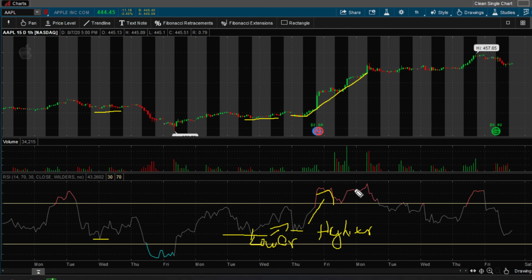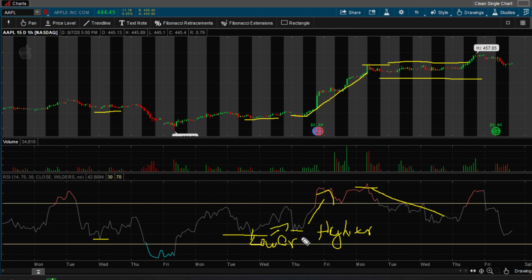Now that's when you start seeing up here on top, well then you expect to sell there on top because it's on the overbought. Take slight profits, get out of the trade, because as you see, the price for the next few days just stayed kind of flat there, but the RSI was showing a down move.